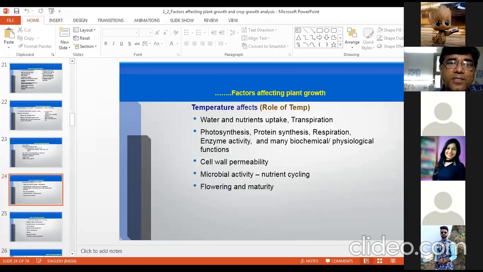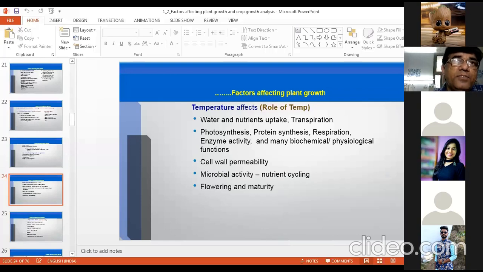For protein synthesis also, you need the right temperature. Of course, it varies with the plant, but you need some temperature for protein synthesis. If you get adverse temperature, then protein synthesis will be affected. So is the case of respiration. So temperature has a very important role in enzyme activity and in biochemical and physiological functions in plants.